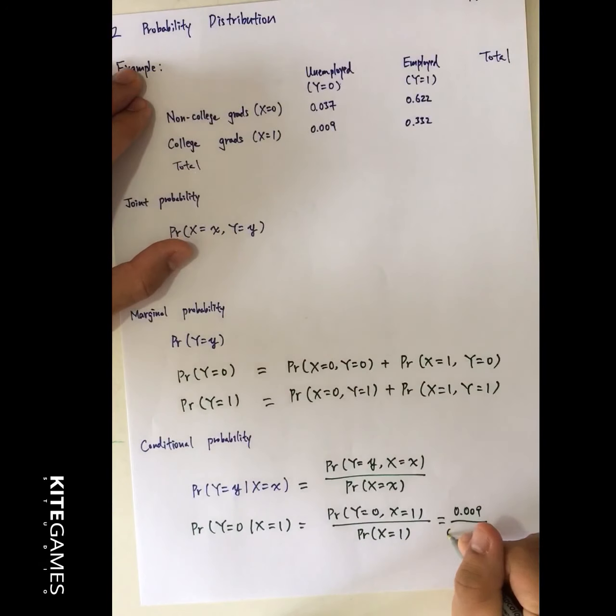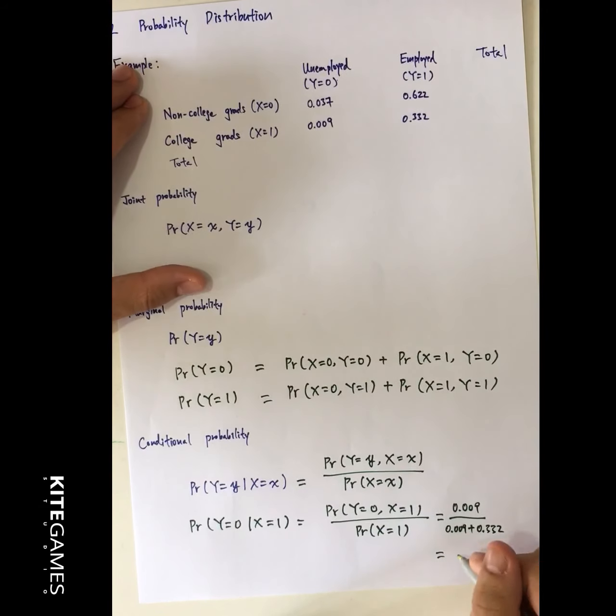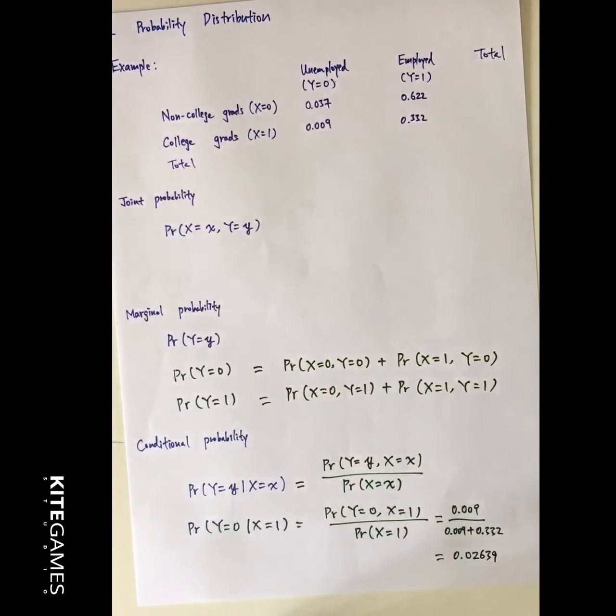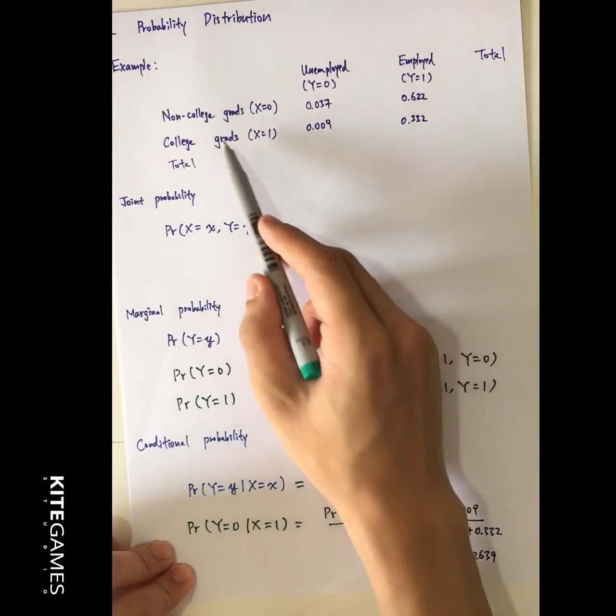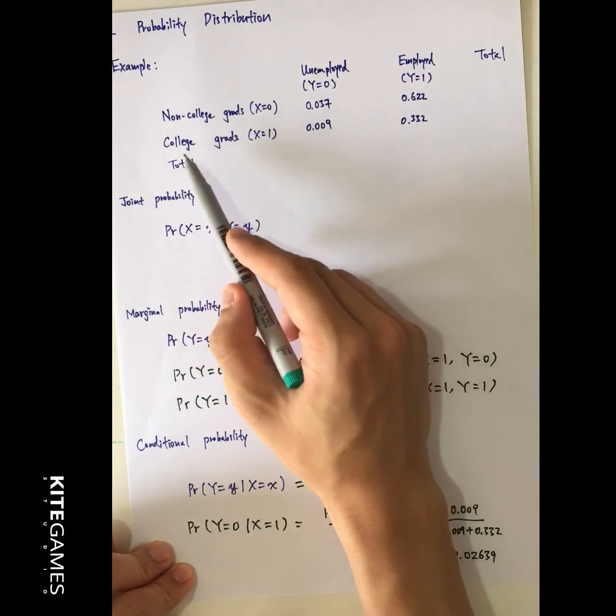That is equal to 0.009 plus 0.332. So this is equal to 0.02639.